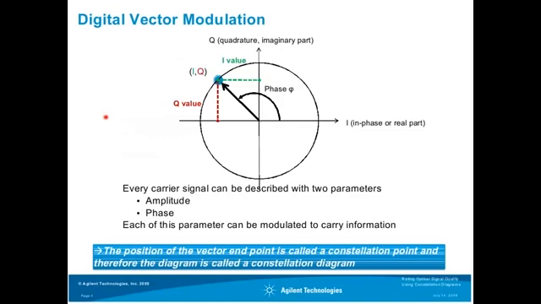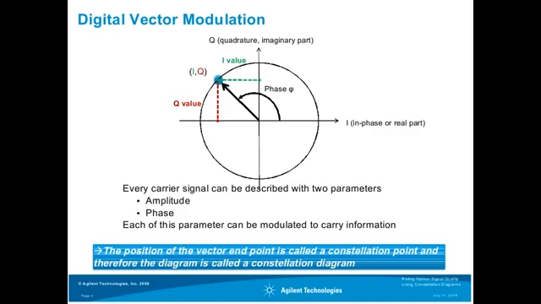What you see here is a representation of a carrier signal, which is represented by amplitude and phase. Here it is displayed in the polar plane. You can also describe this plane by an X and a Y value, which are called in this case the in-phase or real part, and the quadrature or imaginary part.